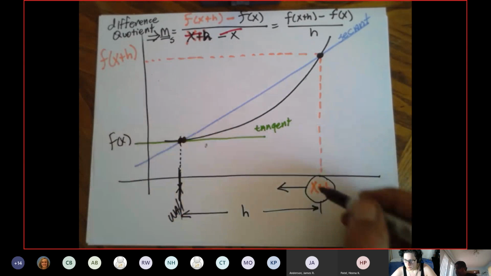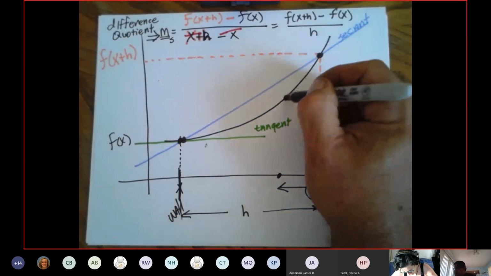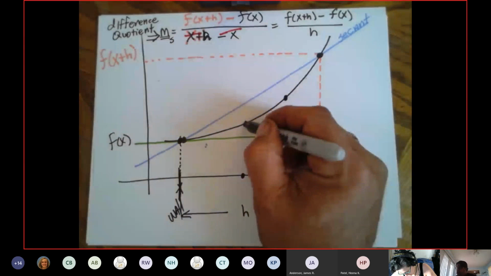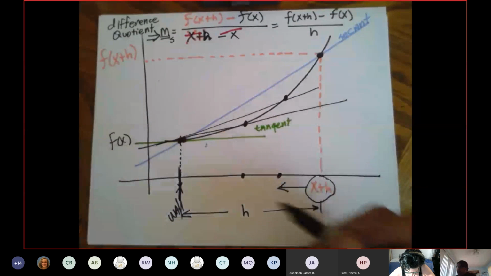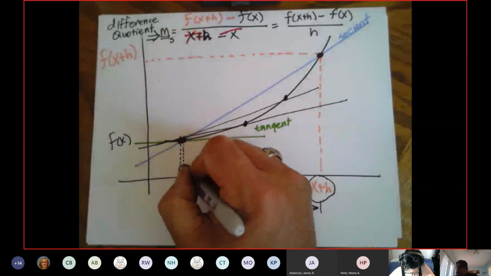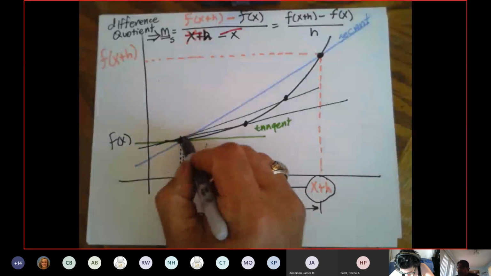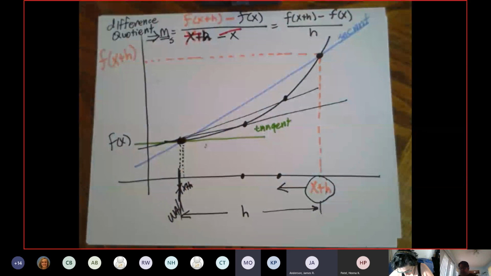When I get to here, this x drops to here. And you'll see that eventually my secant line turns into my what? Tangent line.